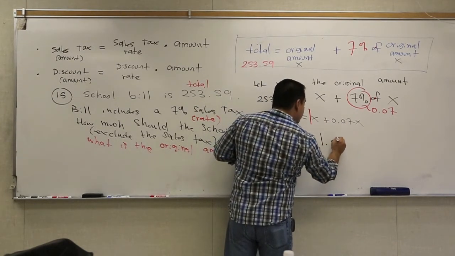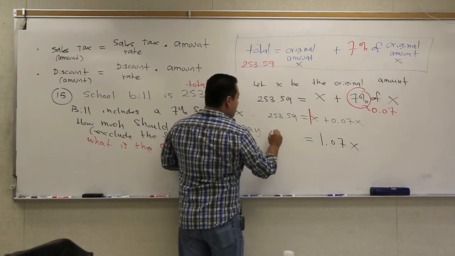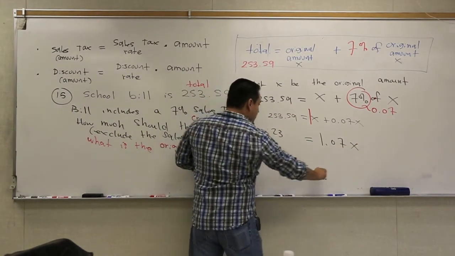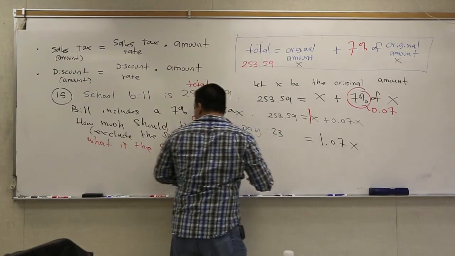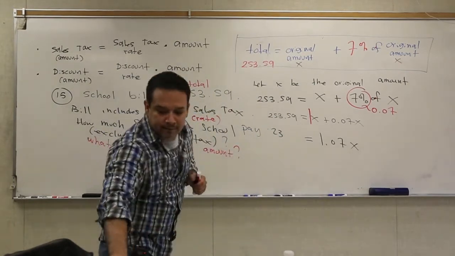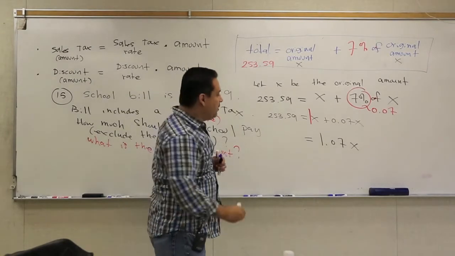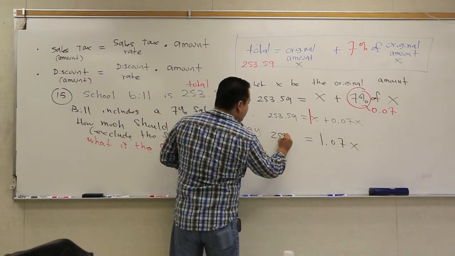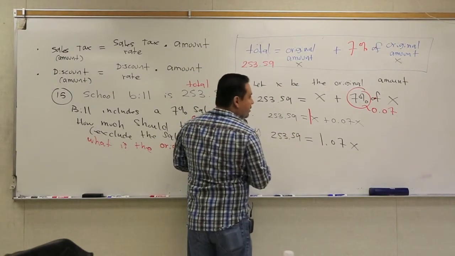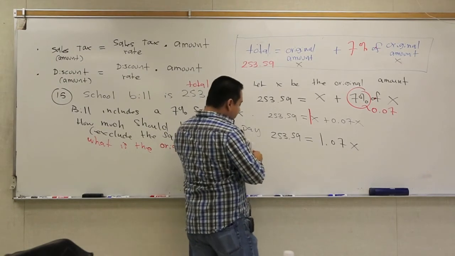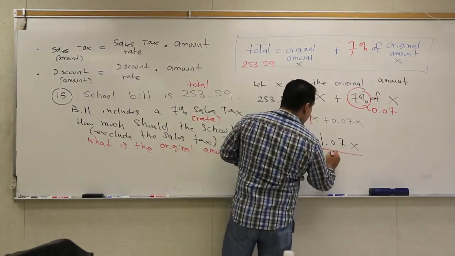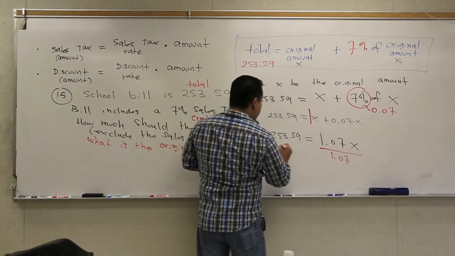Good, 1.07. Okay? And don't forget, on the left side, it's also equal to 253.59. In order to solve for x, you got to divide both sides by 1.07.